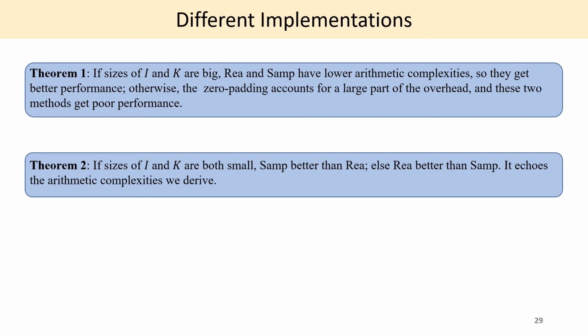The other is if the sizes of input feature maps and kernels are both small, the sampling-based method is better than the arrangement-based method. Otherwise, the arrangement-based method is better than the sampling-based method. It echoes the arithmetic complexities we derived.